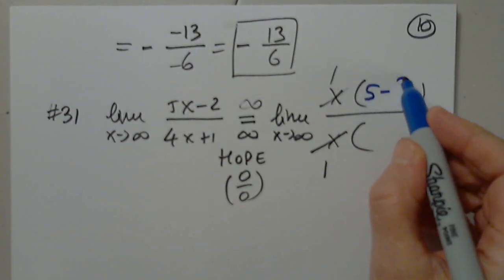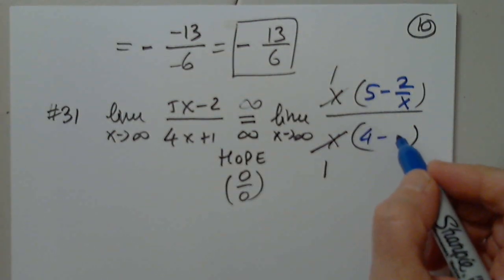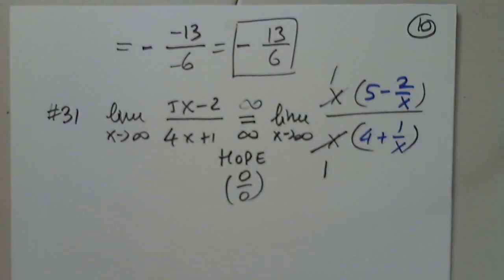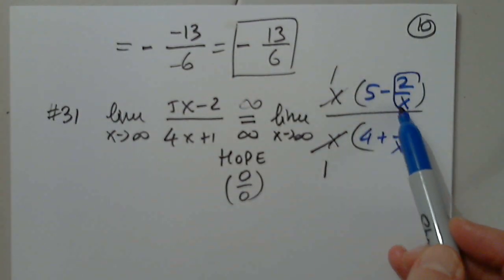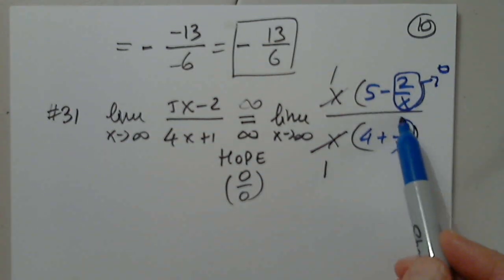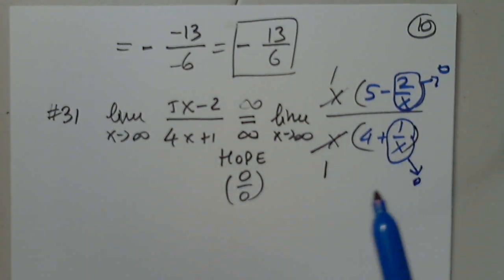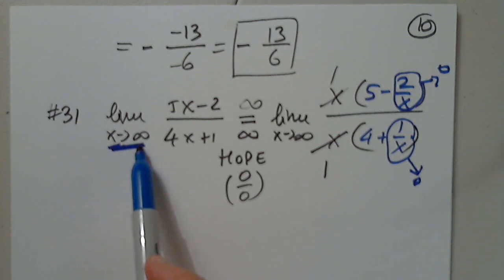So we have 5 minus 2 over x and 4 plus 1 over x. And if you remember, 2 over x approaches 0 and 1 over x approaches 0 when x approaches infinity.